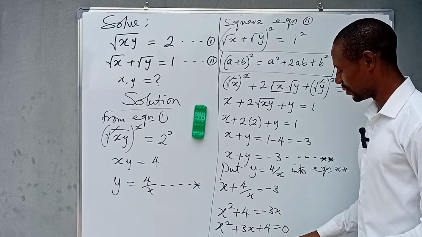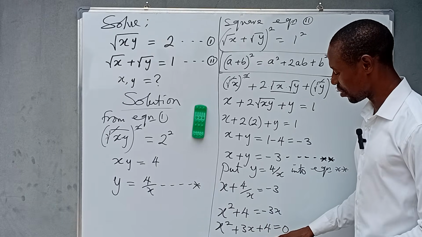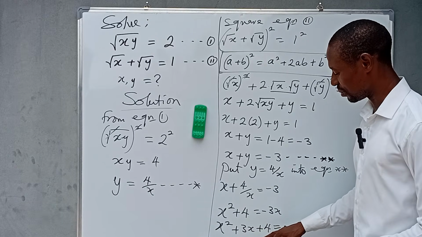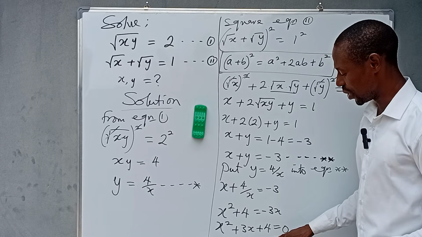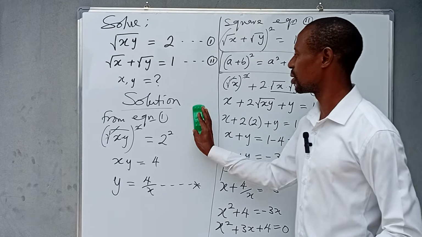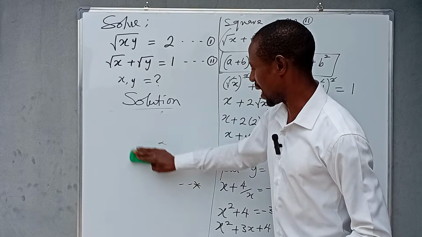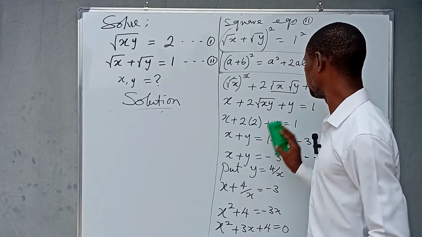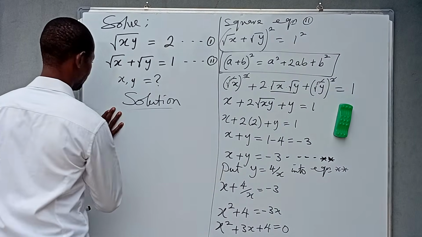But if you check carefully, using the factorization method here is going to give us some challenge, so we want to resort to the formula method. Using the formula method to solve for the value of x, we take our formula.